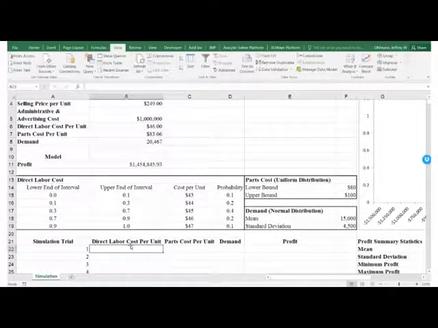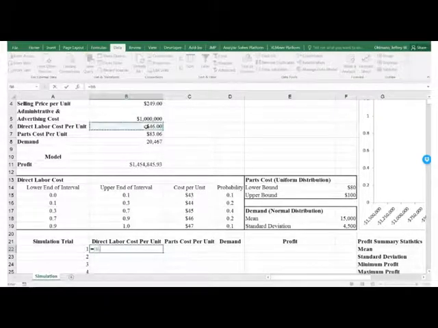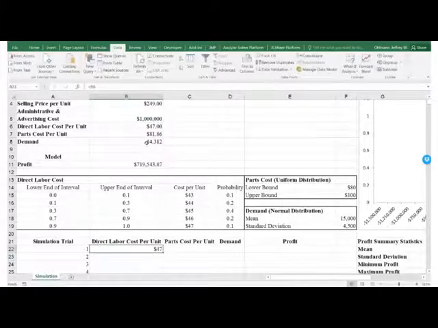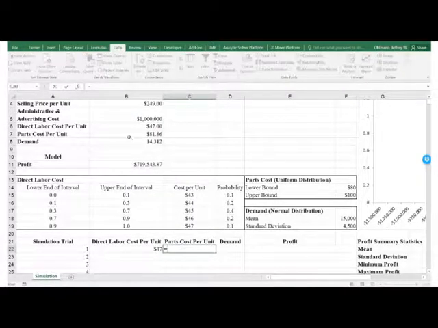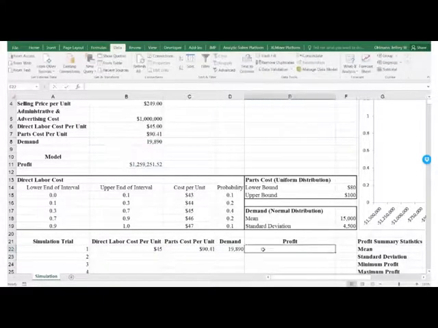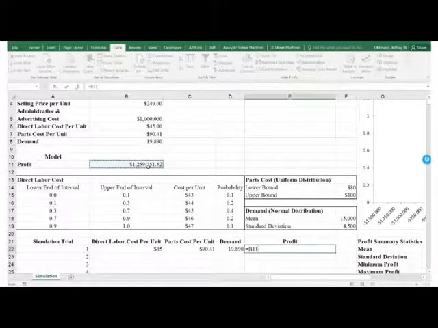In the first row of the table, we link the direct labor cost per unit to where we are generating the random variable in cell B6. The parts cost per unit is linked to B7, the demand to B8, and the profit to B11.